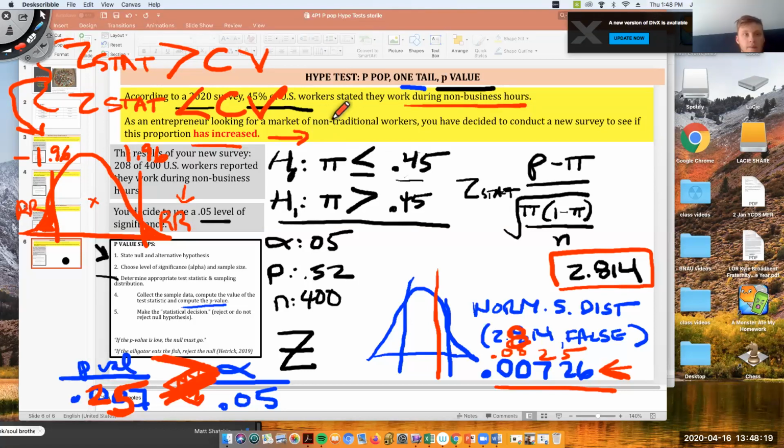Yeah. Okay. Other questions? I had a quick question. Just say, for example, instead of saying has increased, it says has decreased. Would your line on the chart be to the left, and then instead of doing the norm S distribution false, you would do the norm S distribution true in that case?